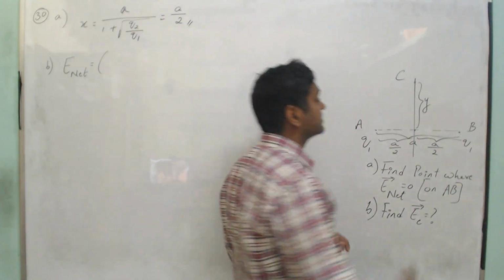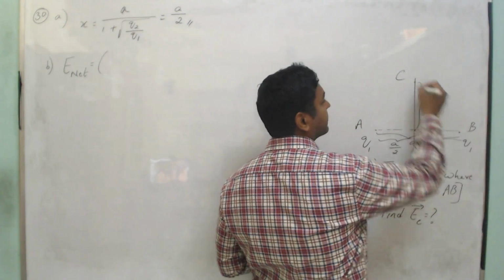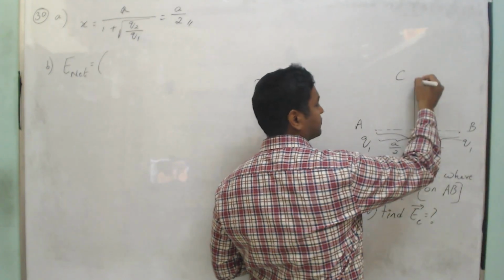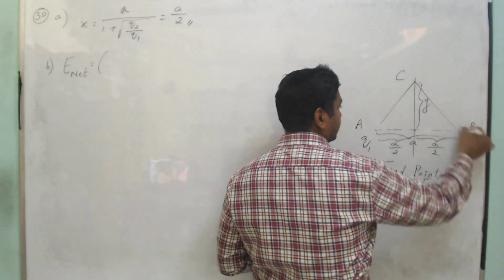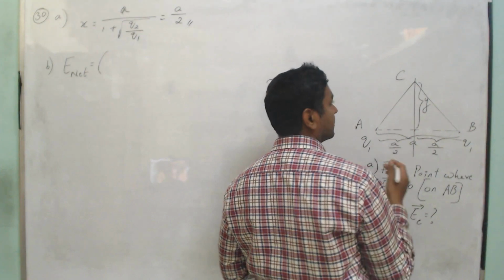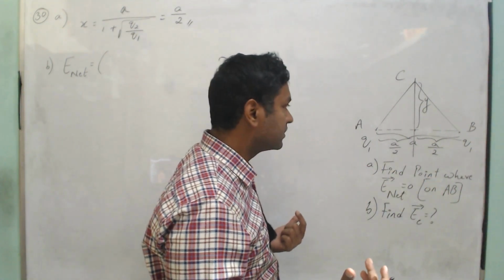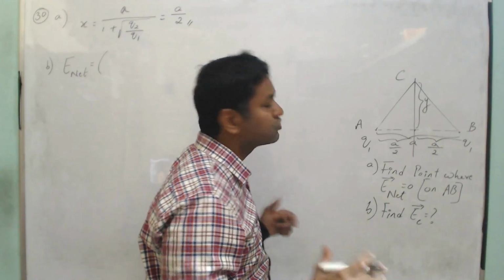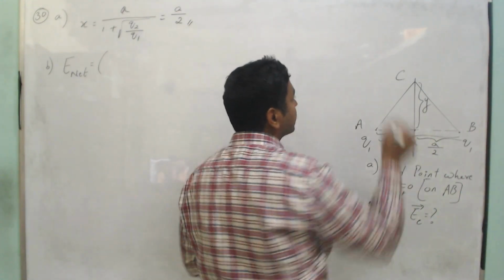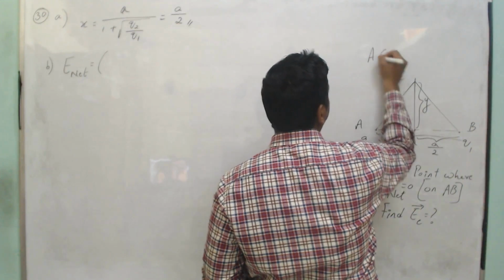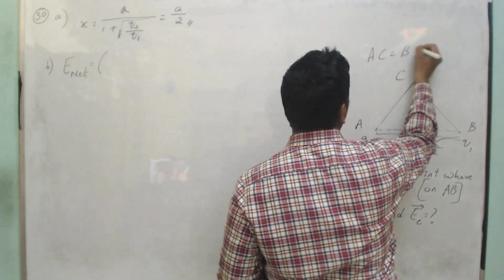That means ABC is an isosceles triangle. We can't say theta is 45, but we can say it's an isosceles triangle where the sides AC is equal to BC.